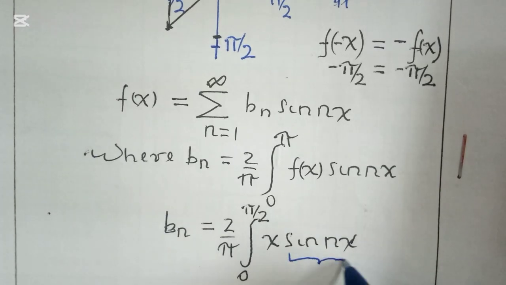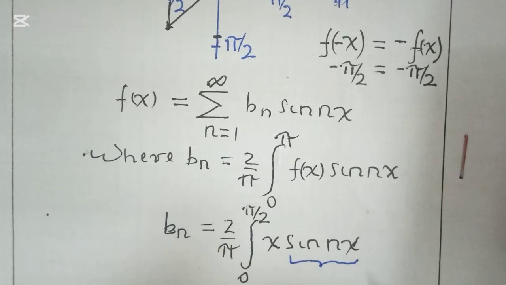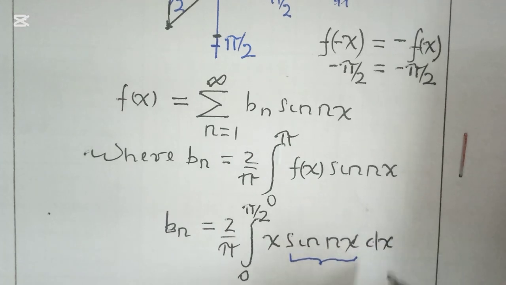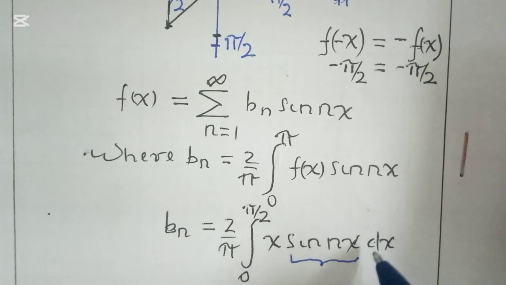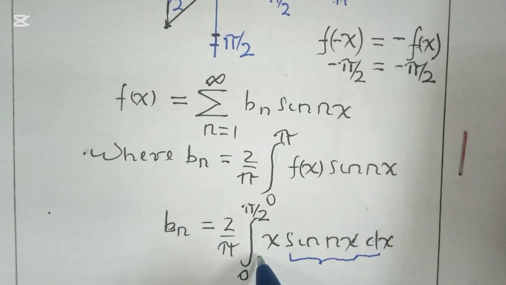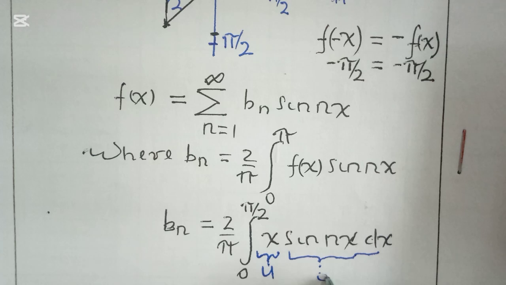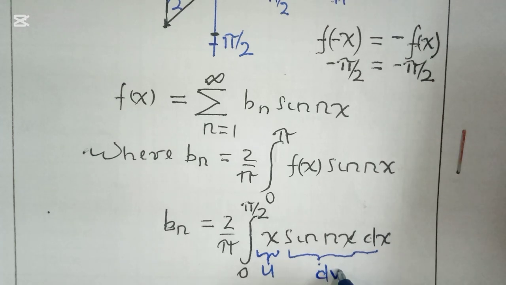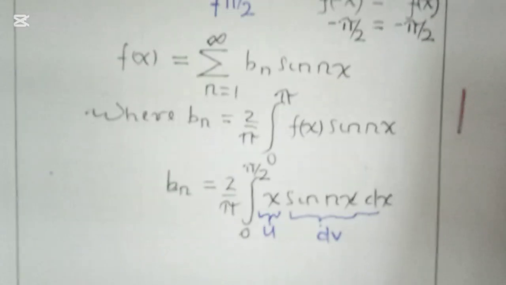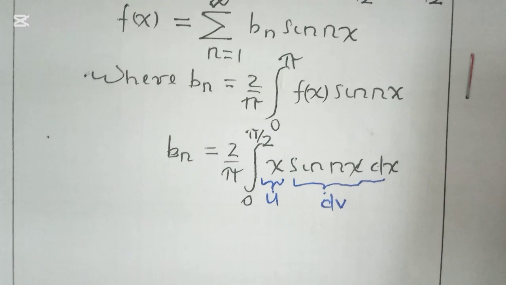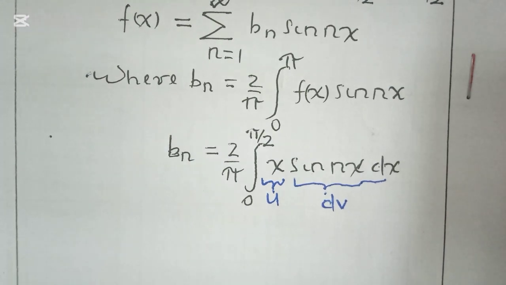So this one we have the dx here. So we employ integration by parts. So this one is u, and this one we call dv. So that we don't take a lot of time, I can do that and then I show you.